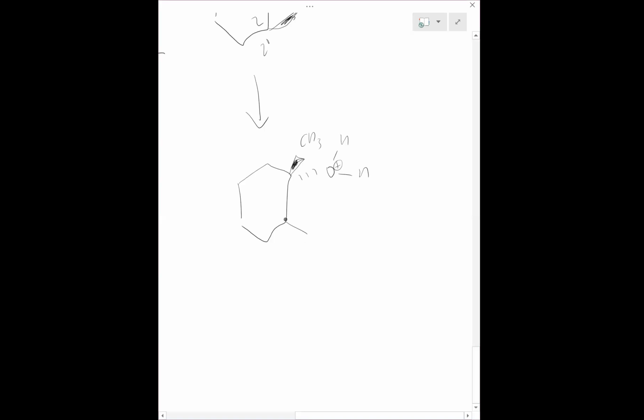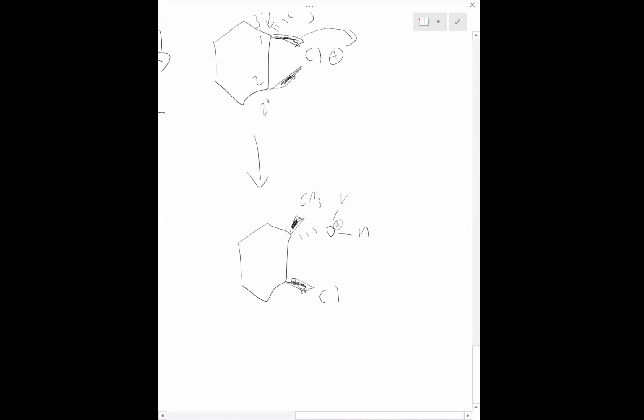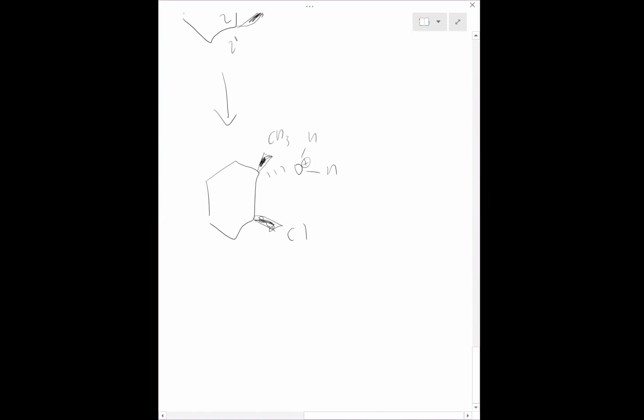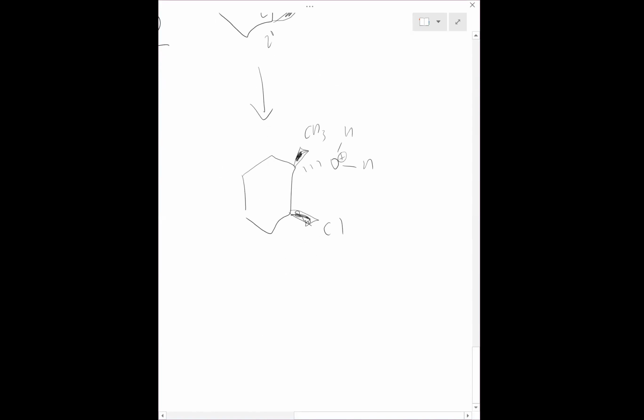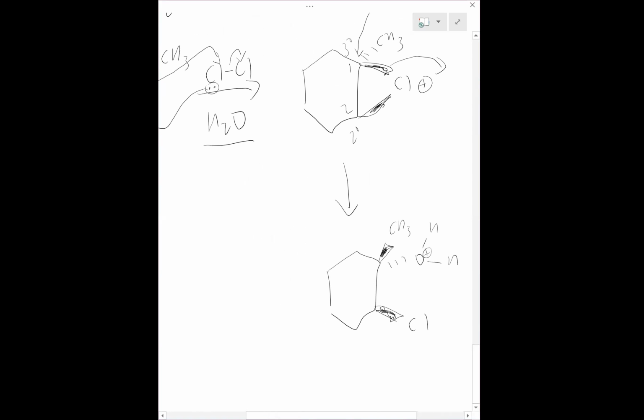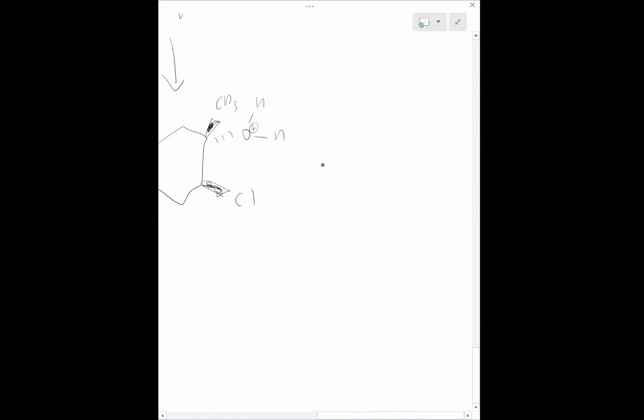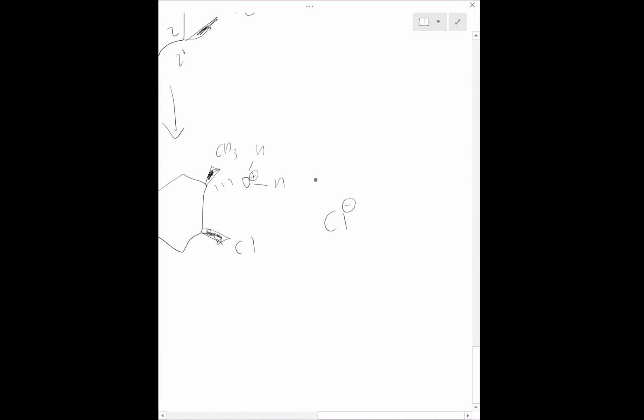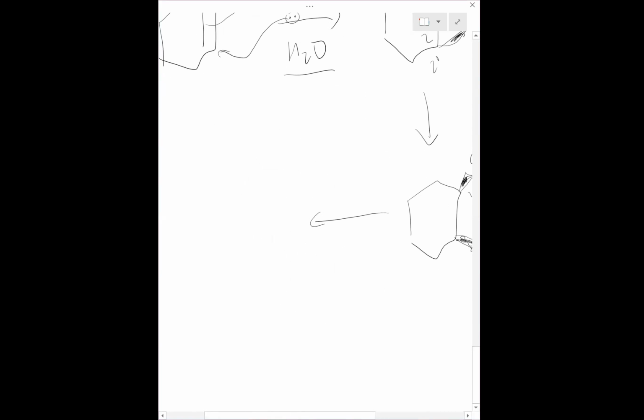And then we have that Cl is now here. So then we can either use the remaining Cl to deprotonate, or we have a lot of water. So either one we can use to deprotonate this to give us our final product, which looks like this.